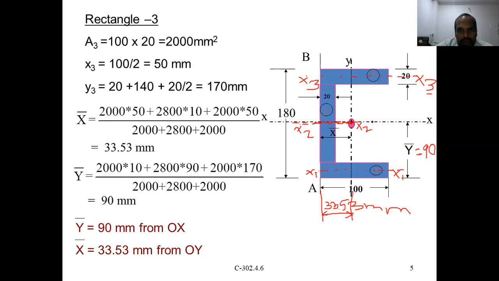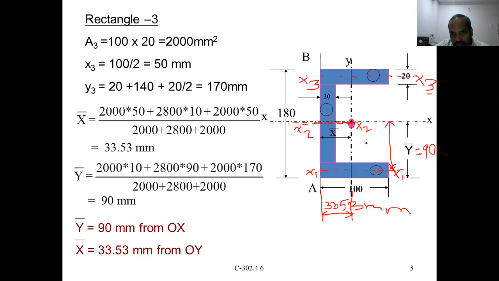The parallel axis theorem: moment of inertia of figure 1 about its centroidal axis, that is bd cube by 12, plus Ah square. A is the area of the section and h square is the distance from the centroidal axis of figure 1 to the centroidal axis of the entire section, that is xx. Right? How much is it?